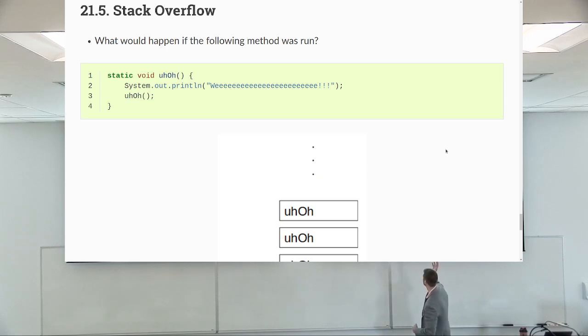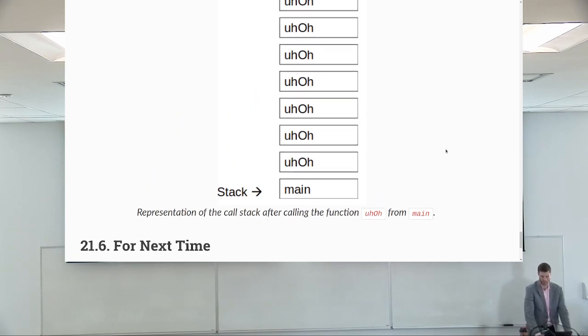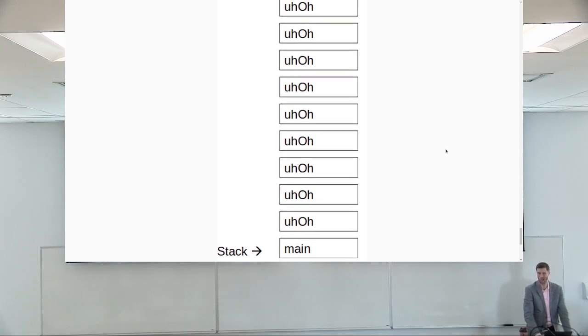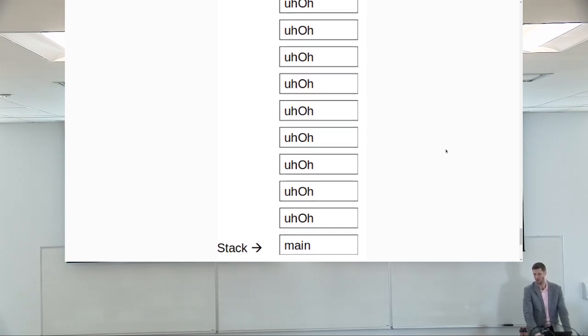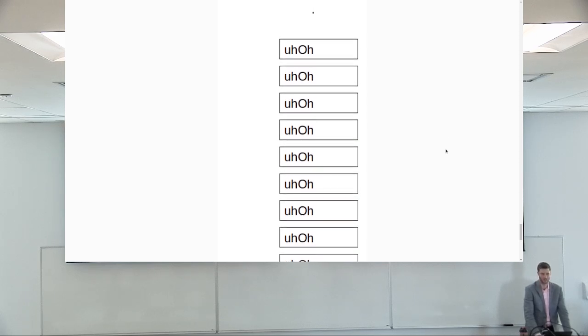Run line 2, print "we," call it, create a new call frame for the call. So we keep making all these call frames and executing them, and each one calls another one. For every call, it calls another, and it's never going to end. This is going to go on forever.